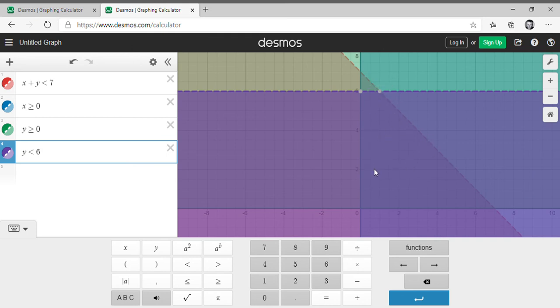Everything inside is part of the solution, including this piece of the y-axis and this piece of the x-axis, because the lines are actually solid. And we could go on and on, add as many inequalities as we need to restrict our set of solutions.